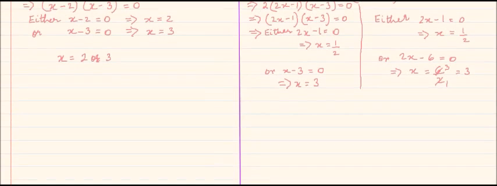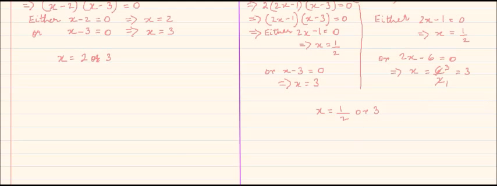So we have got the value of x as half or x as 3. Since it is a quadratic equation, of course x will be having two values. So the two values for x are half or 3.